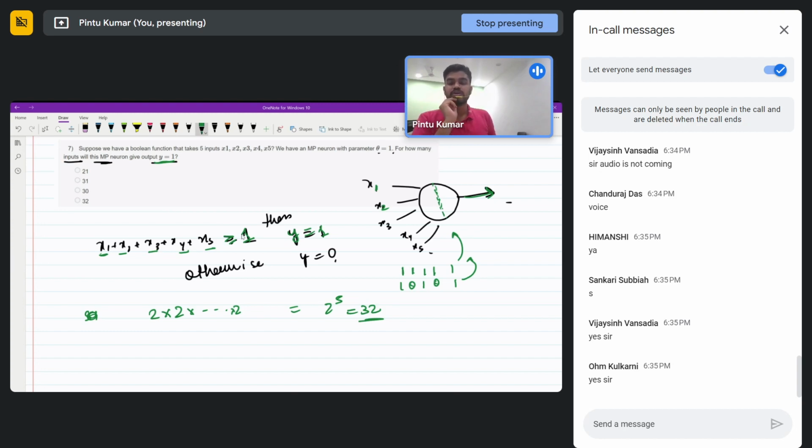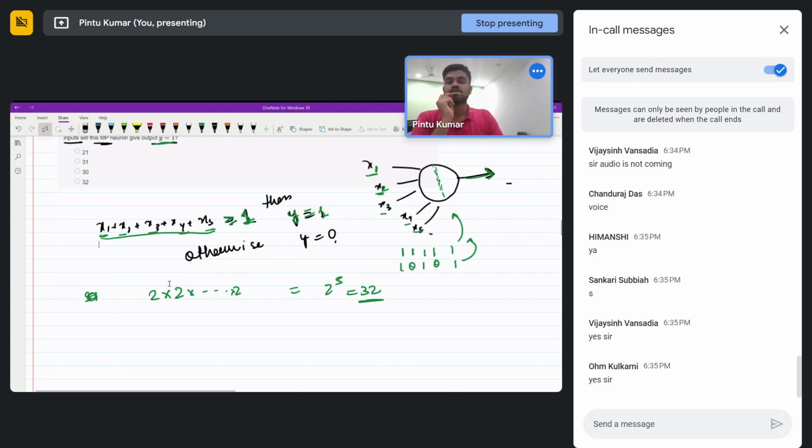Okay. So yeah, what I was saying is that we have 32 possible inputs for this MP neuron, because we have five places to fill. Now my theta value is 1. So when will this sum be greater than or equal to 1? If even one of them is 1, then my sum will always be greater than or equal to 1.